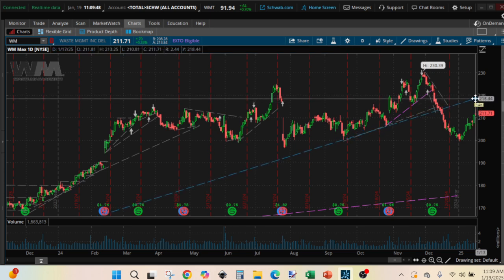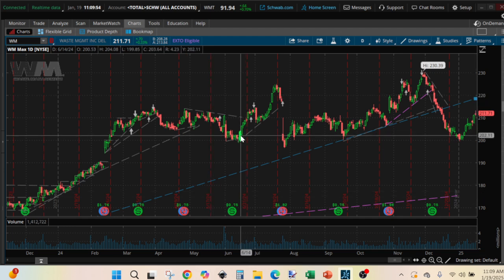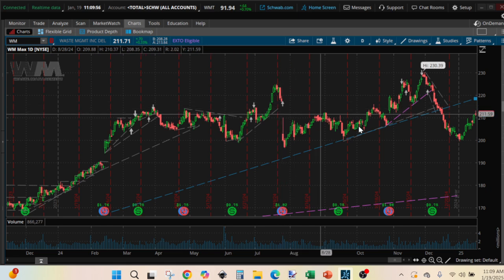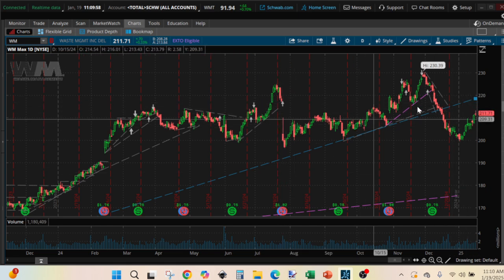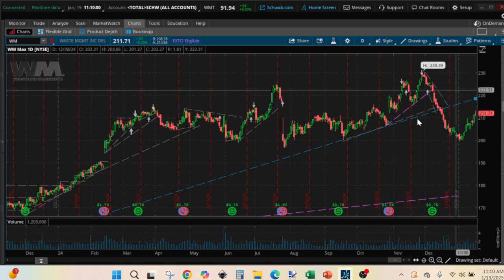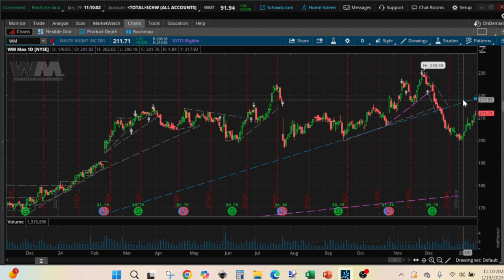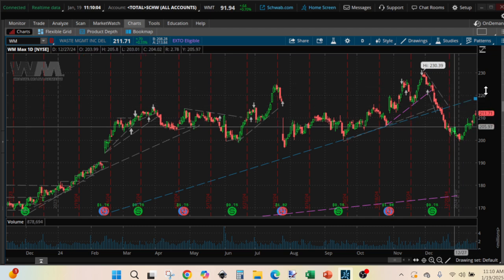Usually with a short trend line, once the price crosses that trend line, I do not like to continue tracing it. That's why we have this that ended somewhere there. But those are longer trend lines, so I'll continue tracing them to see how they are going, as part of our chart analysis.